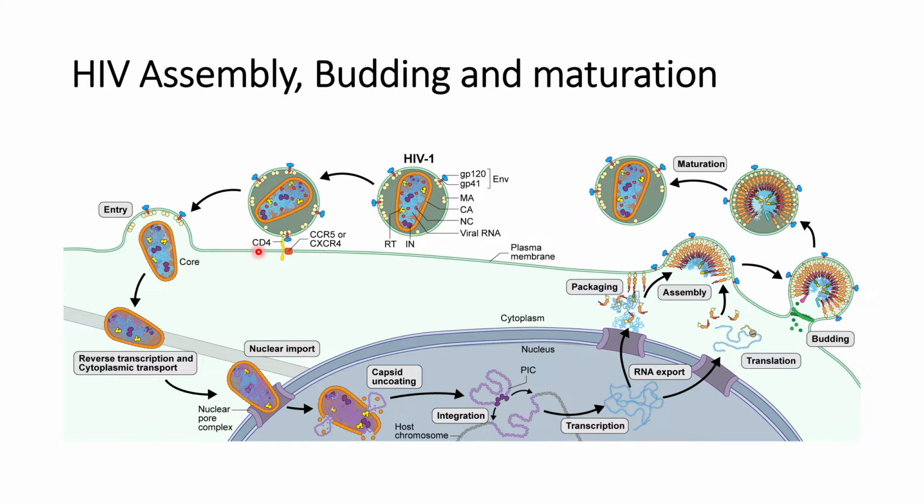One is CD4 and another is either CCR5 or CXCR4. If both receptors are present, then the HIV virus can stick to the cell membrane, and this further helps the endocytosis of the HIV-1 virus inside the cells.